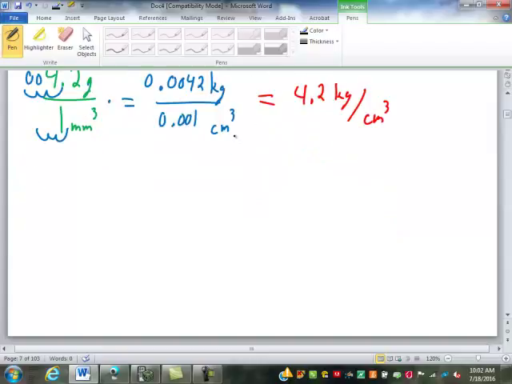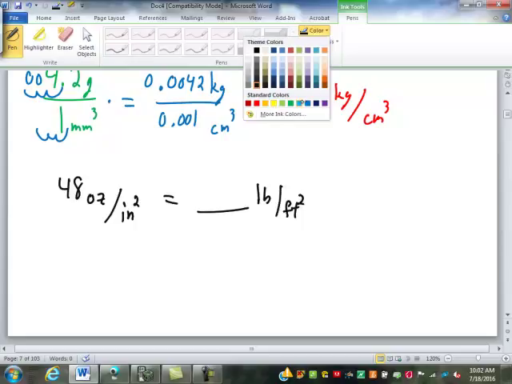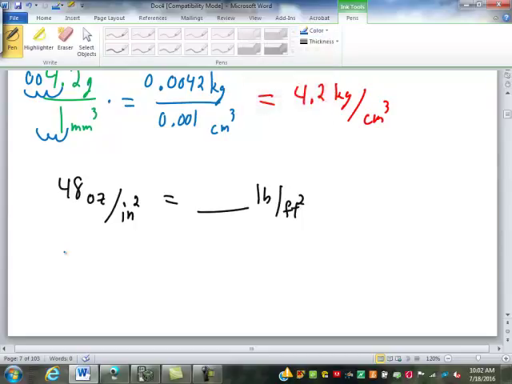What if you have something listed as 48 ounces per square inch? And we want to know what that's going to be in pounds per square foot. So we will set this up, 48 ounces over 1 square inch.